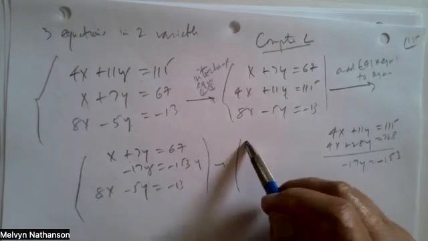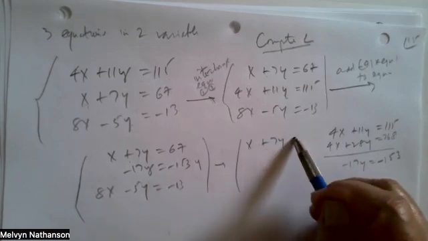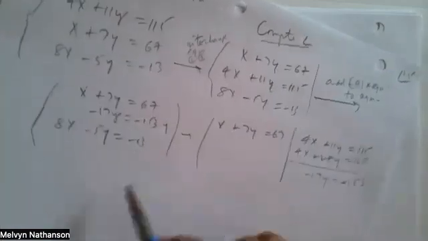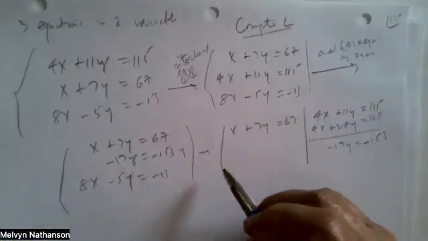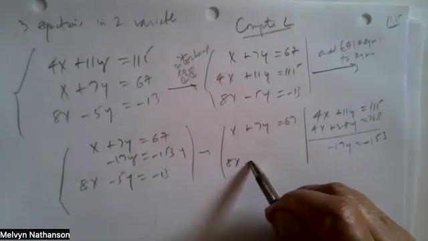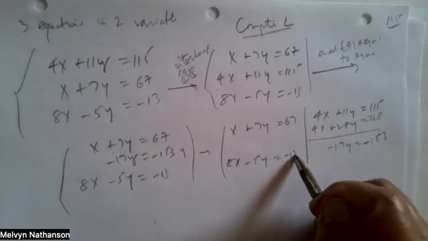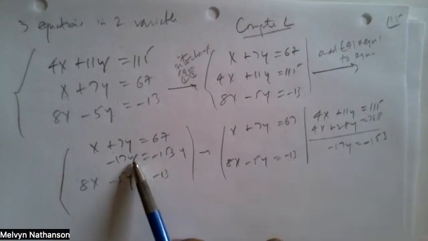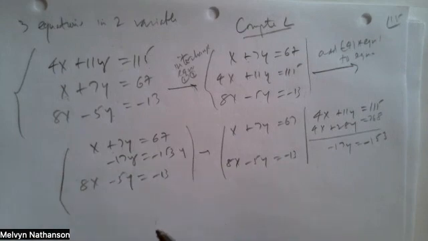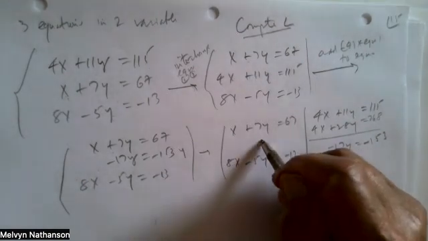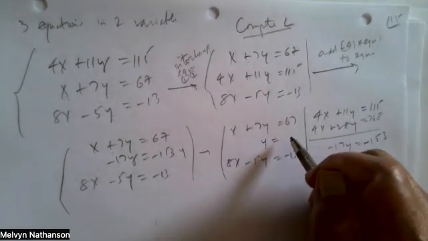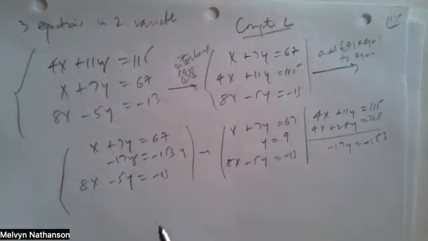Let me keep the first equation the way it is, and the third equation the way it is. If I multiply the second equation by minus 1 over 17, or divide by minus 17, I get y equals 9, right?